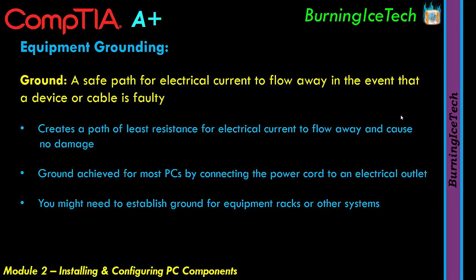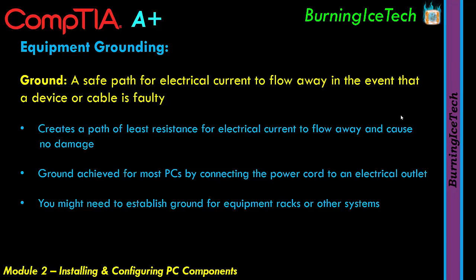All right, so more about electricity. More specifically, equipment grounding. Ground, for those of you that don't know, is a safe path for electrical current to flow away in the event that a device or cable is faulty. So it's very important for something to be grounded. You'll find quite often in some countries, some devices will not be grounded.